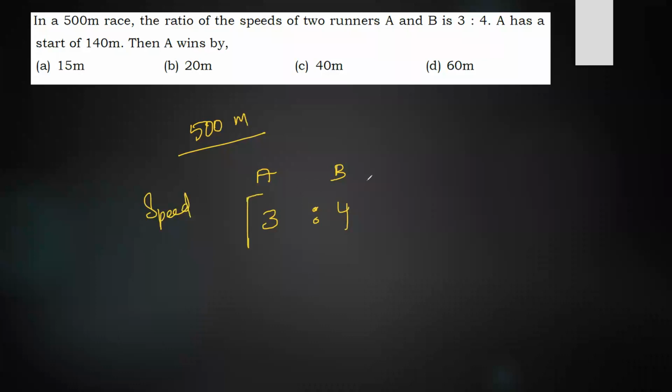In a 500 meter race, A and B's speed ratio is 3:4. A has a start of 140 meter. Then A wins by how much? How will you find this?